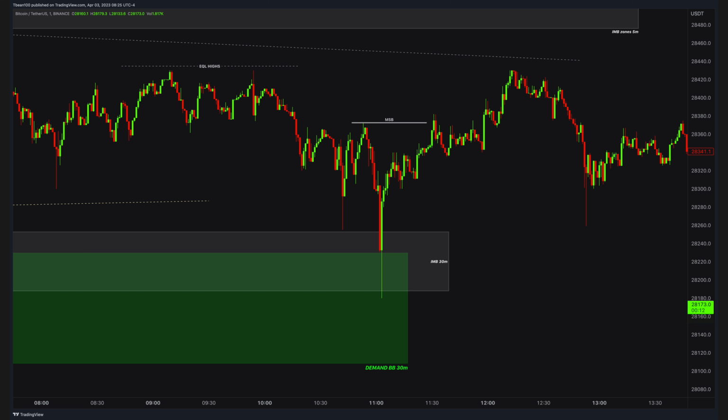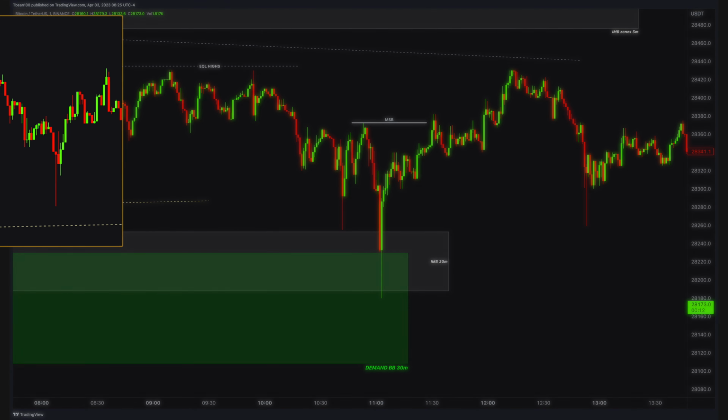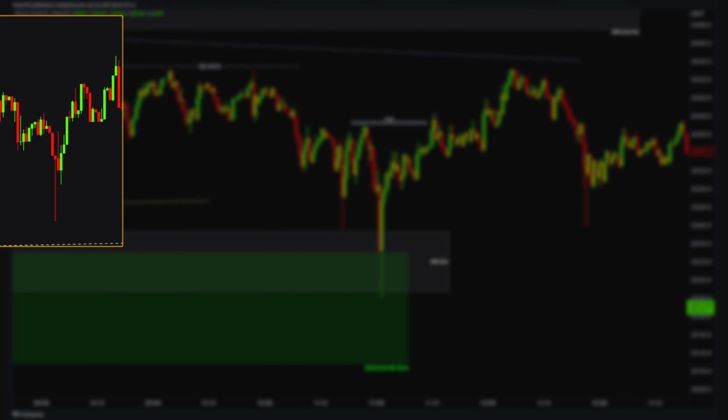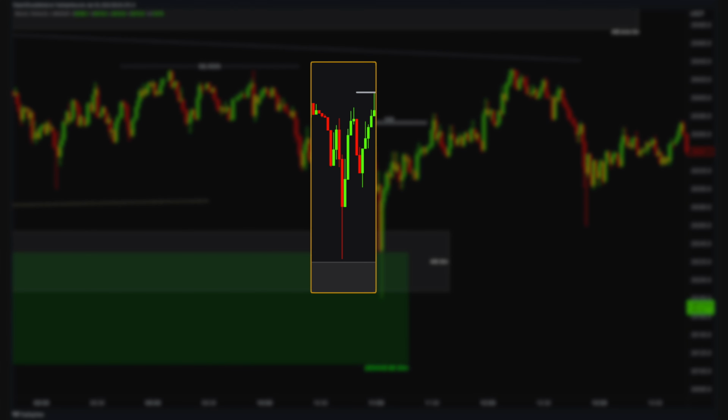Okay, take your notebook. This is important. Why this MSB? Look at your far left. There is another MSB. Why don't I use that? Or check this one. Right before my main MSB, another tiny break. It also has an imbalance. Why not this one? The answer is simple.